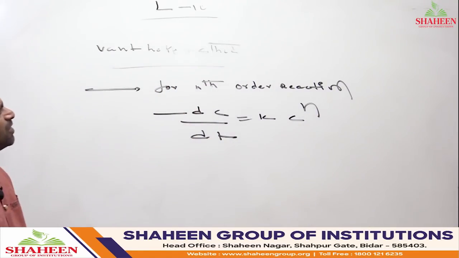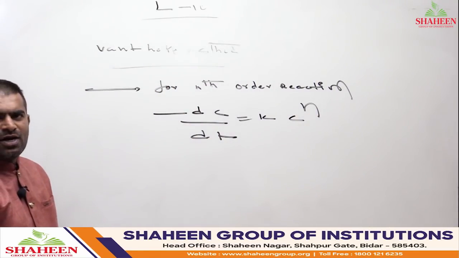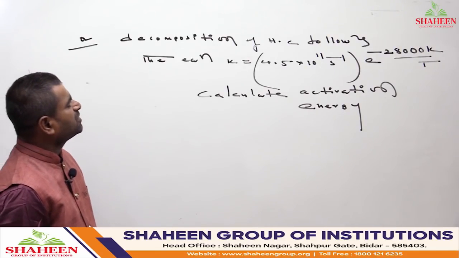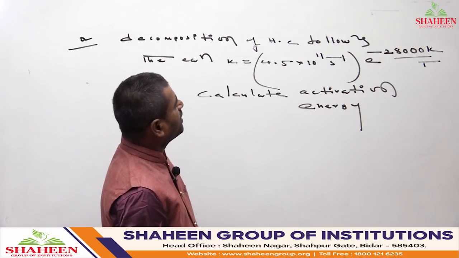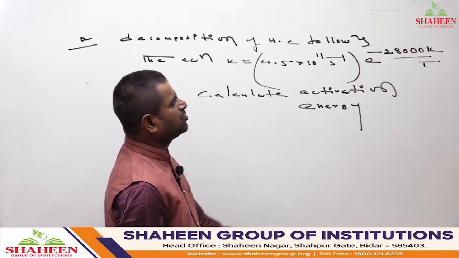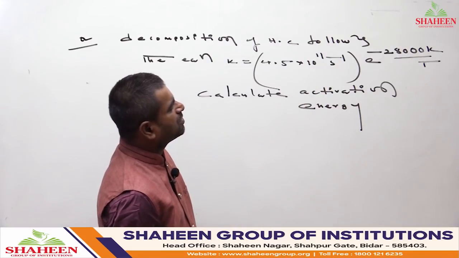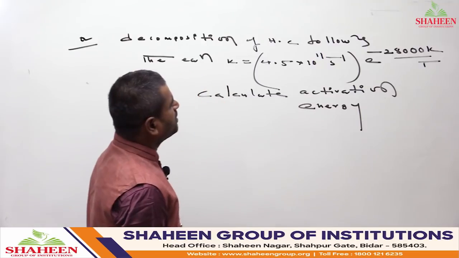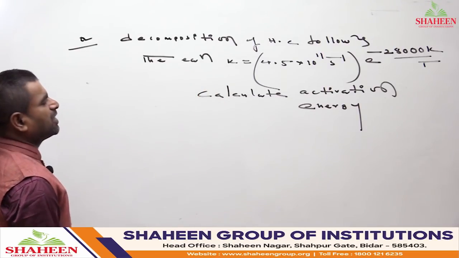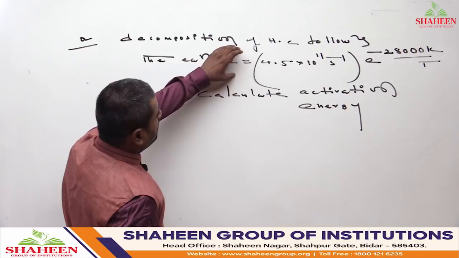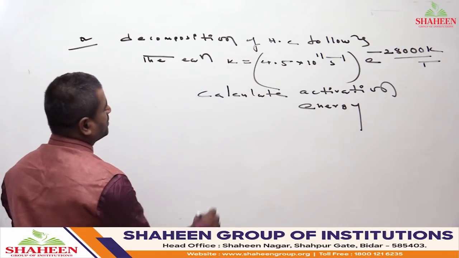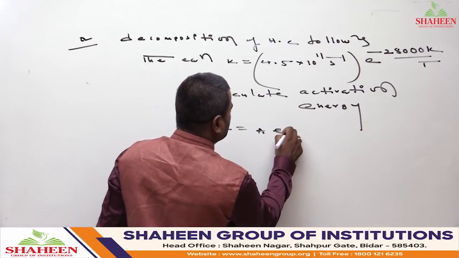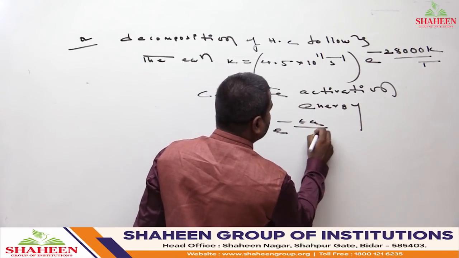Now a problem: the decomposition of hydrocarbons follows the equation k is equal to 4.5 into 10 to the power of 11 second inverse into e to the power of minus 28,000 Kelvin divided by T. Calculate the activation energy. I am comparing this equation with the Arrhenius equation, k is equal to A into e to the power of minus Ea by RT.